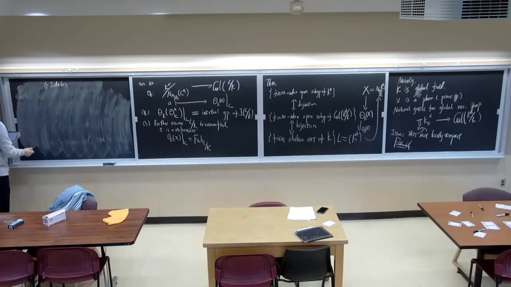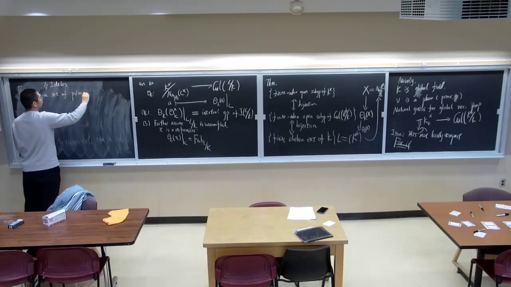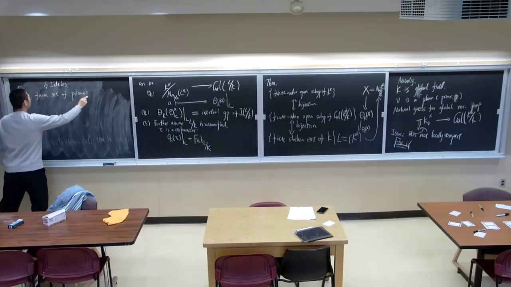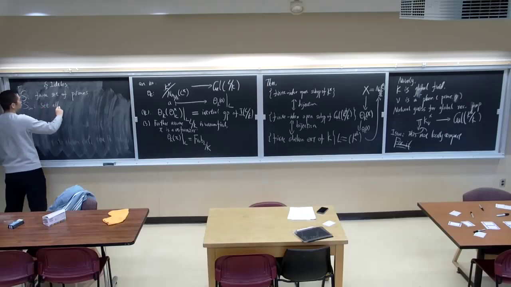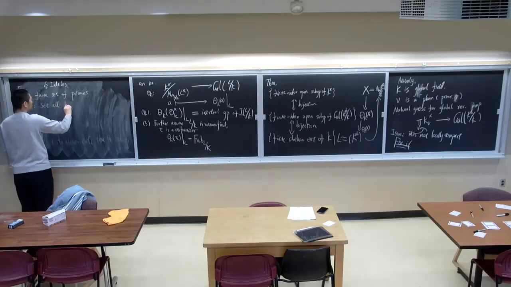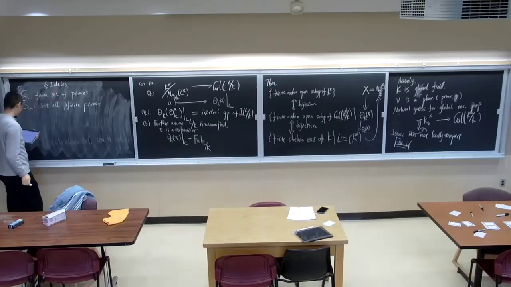So let's say some notation: S is a finite set of primes or places of K. And S infinity is a set of all infinite places. So now we can define a set called A_S cross.